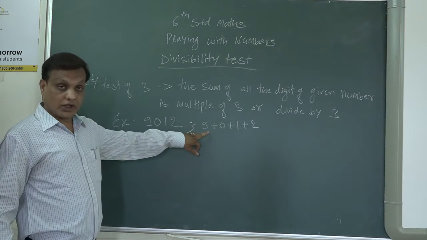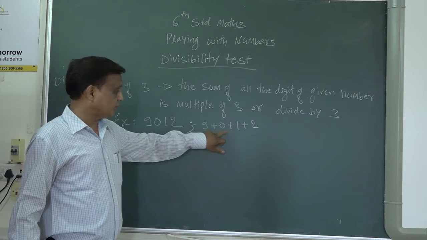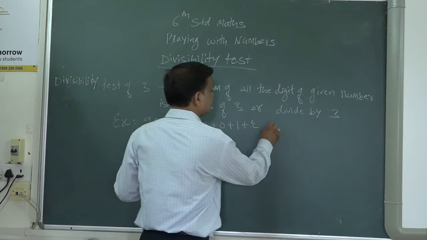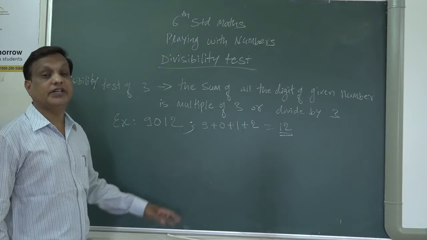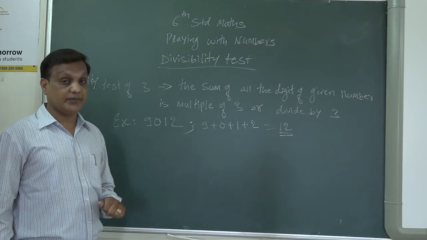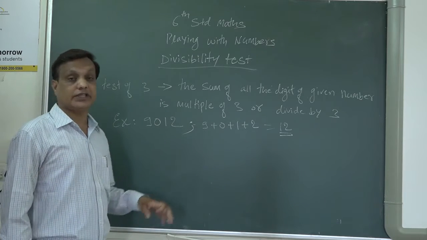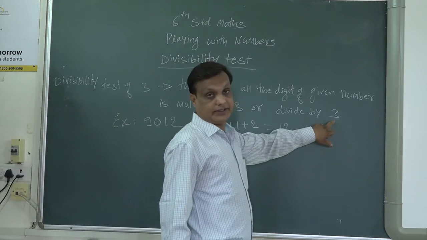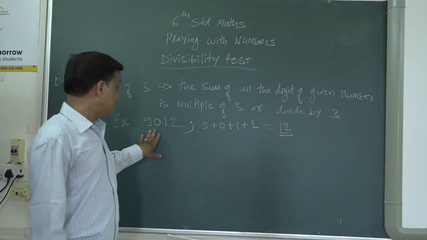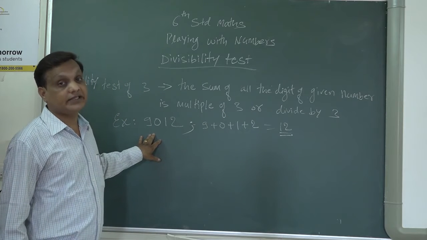We will add all the digits. 9 plus 0 plus 1 plus 2. What is the answer? 12. The sum of the digits is 12. So 12 is a multiple of 3. Yes, 3 fours are 12. And also 12 is divided by 3. So it means this number is divisible by 3.